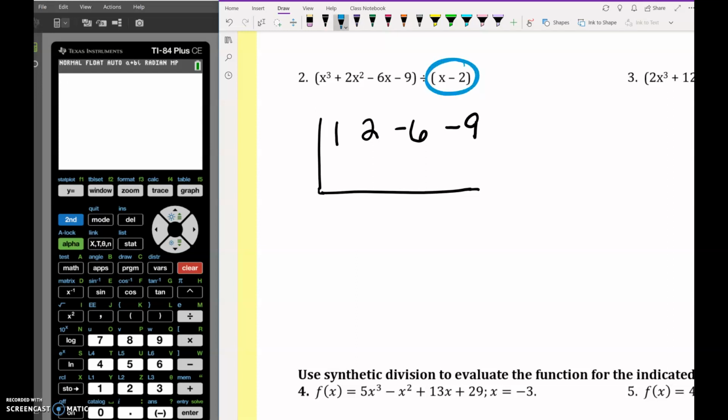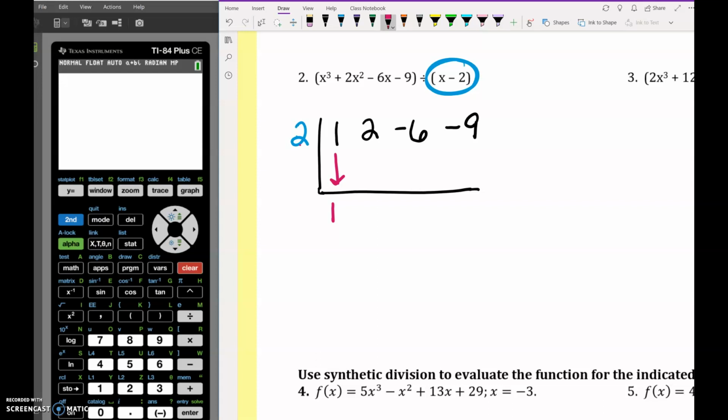If we're dividing by x minus 2, what number do I need to put? Positive 2. Drop your first number down, and then we start the process of multiply, add, multiply, add, multiply, add.